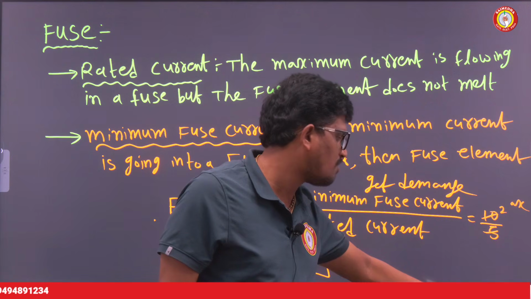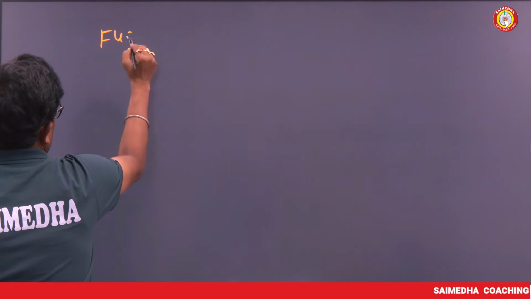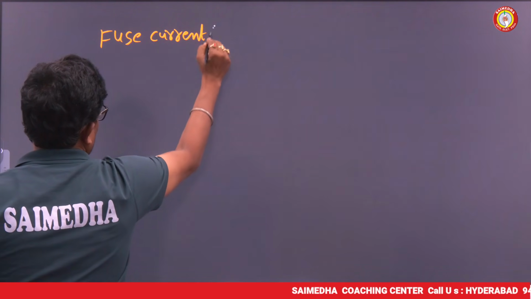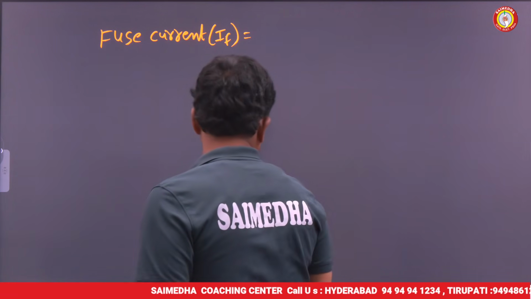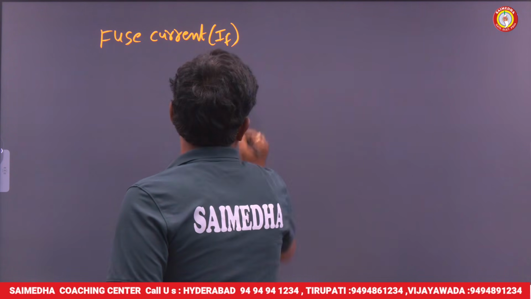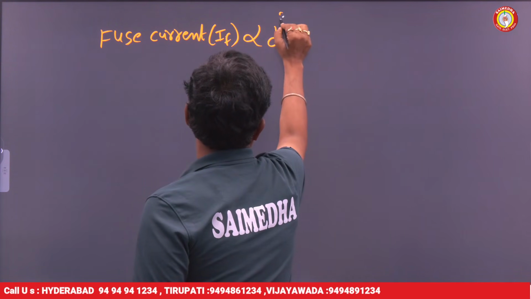And one more formula, fuse current. Okay, fuse current nothing but it's a fault current. Okay, Nana? It's a fault current. The formula for fuse current is: fuse current is directly proportional to d power of 3 by 2.